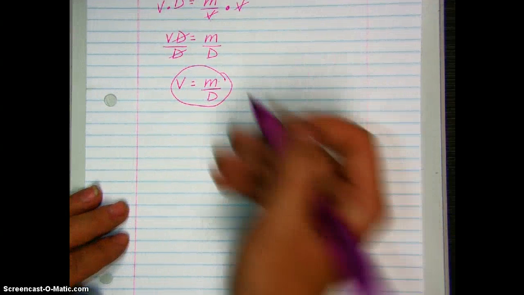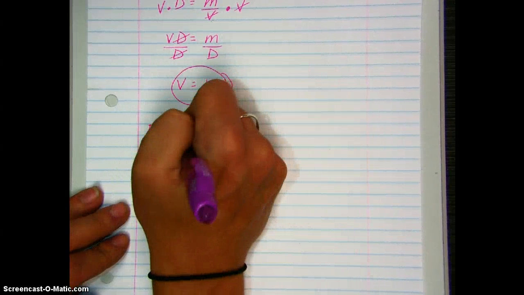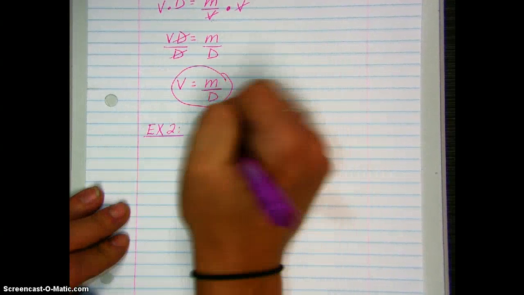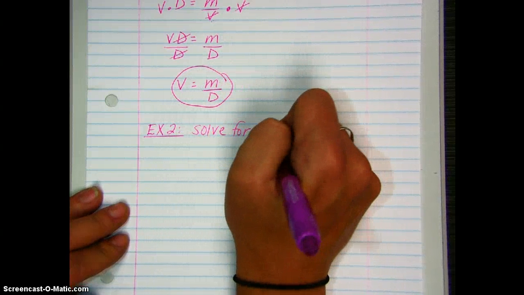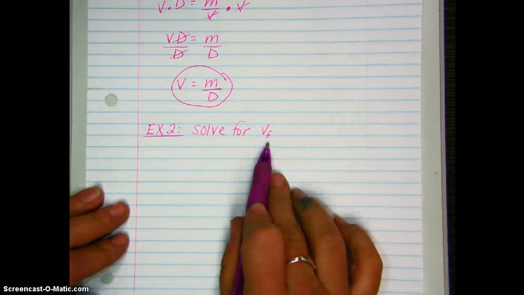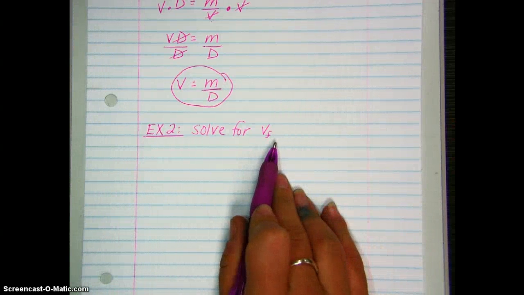Let's take a look at another example. Example 2. Here we're going to solve for vf. Now sometimes subscripts are used to indicate differences in variables.